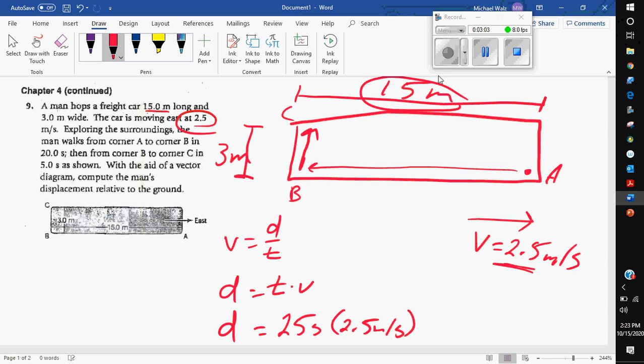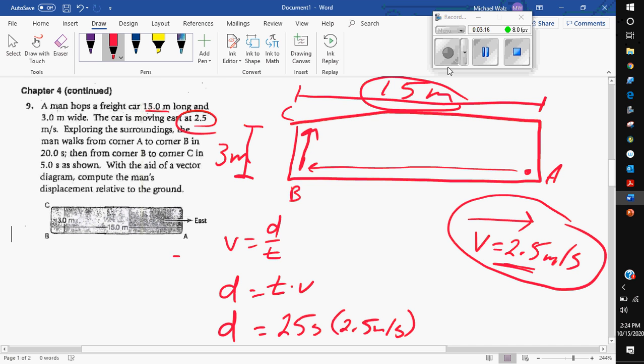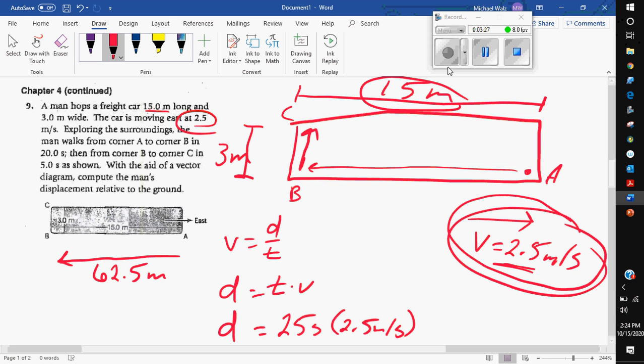So the displacement that happens because of the velocity of the cart is 62.5. So I have a displacement over here in that direction of 62.5 meters. That's how far the train was displaced, right?